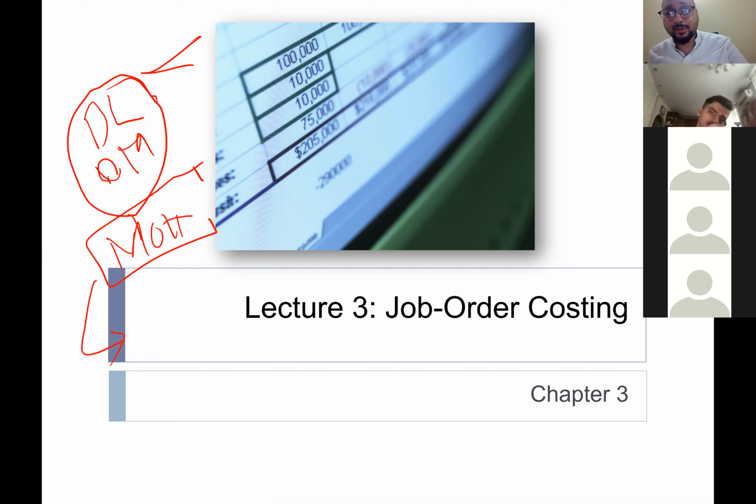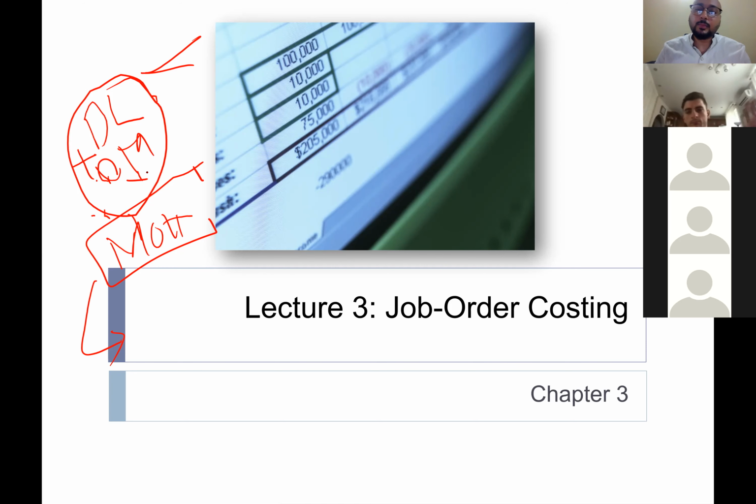And what is manufacturing cost, or product cost? Direct labor, direct material, plus manufacturing overhead. So when the order is coming, it's not like only you receive the order. Big companies tender, or get quotations from at least three to four trusted suppliers, right?